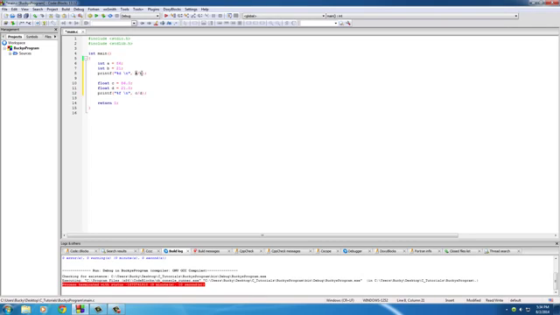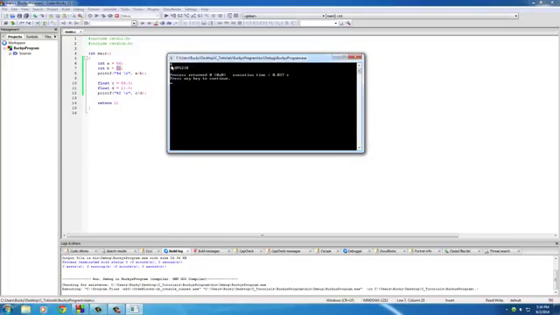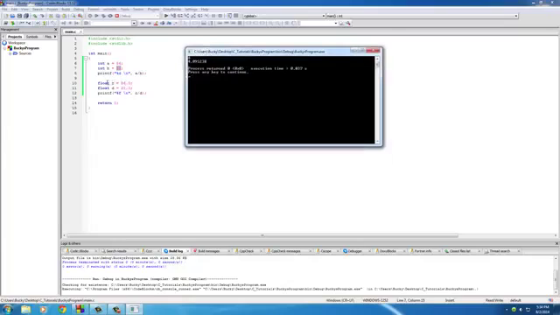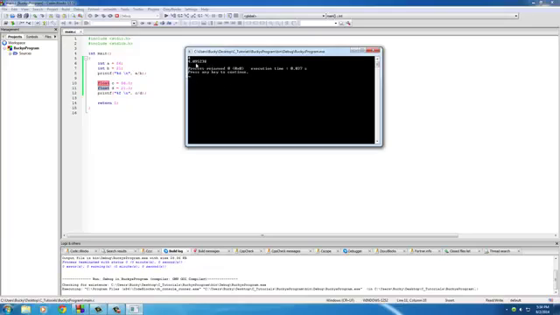Whenever you're using equations in here and you're dividing numbers, whenever you divide an integer by another integer, check it out, the result is going to be an integer, 4. Now, whenever you take a float and divide it by another float, the result is going to be a float.